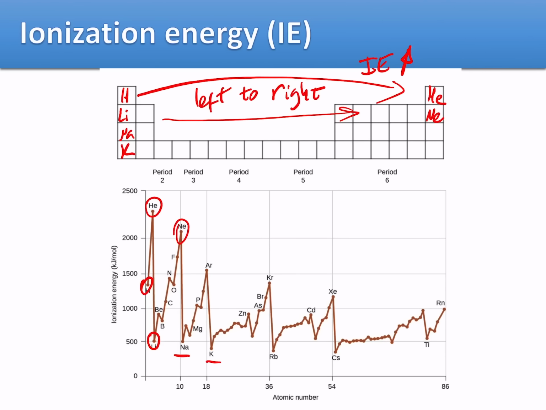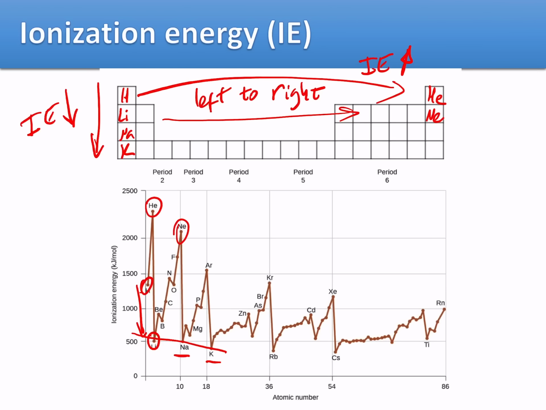What you see is that it dramatically goes down from hydrogen to lithium, but then as you move down the group, the ionization energy is decreasing. So those are the things that you have to remember. Left to right, generally speaking, the ionization energy increases, and down the group, the ionization energy will decrease.